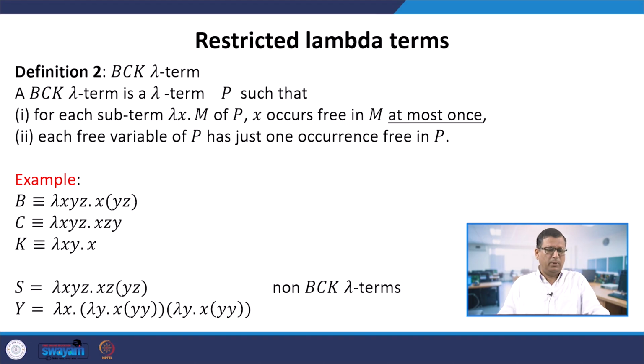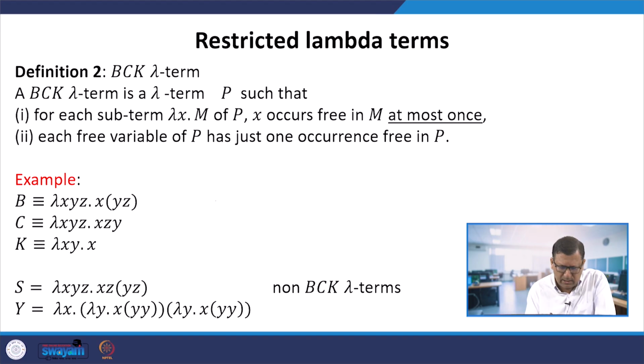The definition says that a BCK lambda term is a lambda term P such that, whereas earlier for each subterm of the form lambda x dot M, x should occur at least once, now we are saying at most once, either 0 or 1. And if there is any free variable in P, it will have just one free occurrence in P. Now consider the example B. B stands for lambda x dot, written in a shorthand.